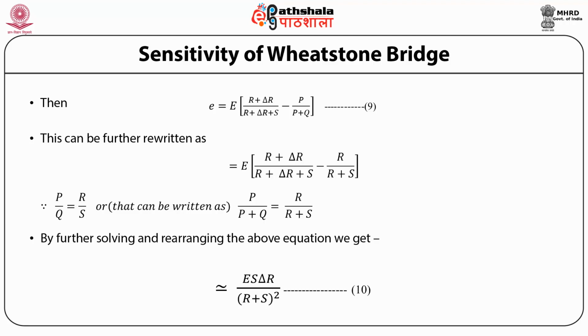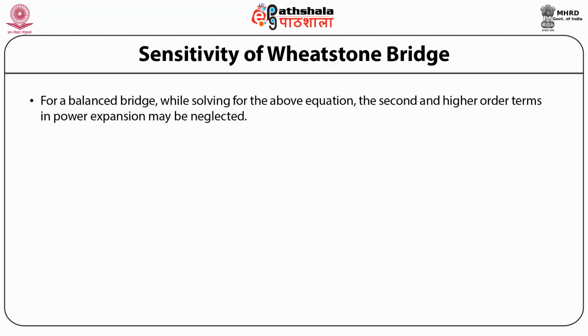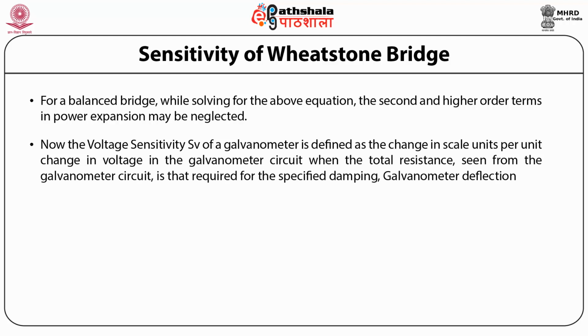This is equation 10. For a balanced bridge, while solving the above equation, the second and third order terms in the power expansion may be neglected. Now the voltage sensitivity SV of a galvanometer is defined as the change in scale units per unit change in voltage in the galvanometer circuit when the total resistance seen from the galvanometer circuit is that of a specified damping.